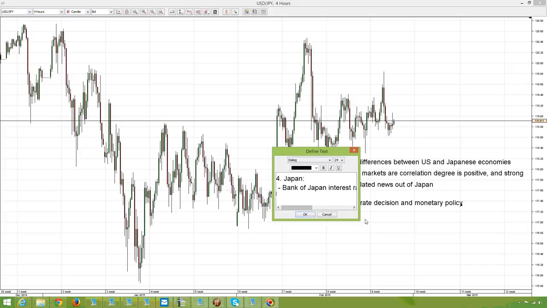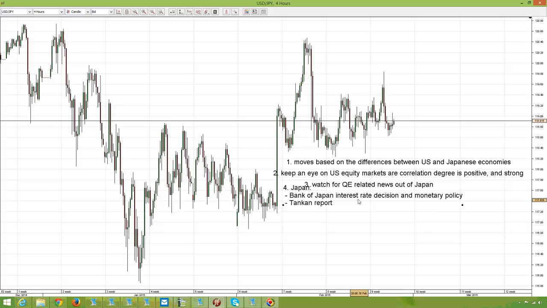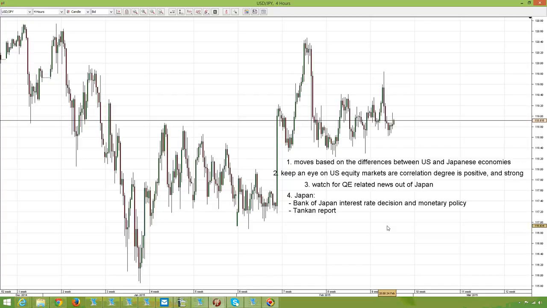there is the now famous Tankan report. The Tankan report is the equivalent, actually I don't think it has an equivalent, because it is a bit different both in construction and in the concept used to analyze it.